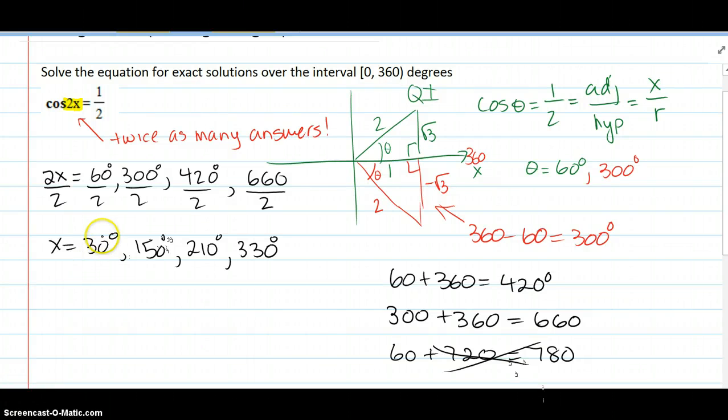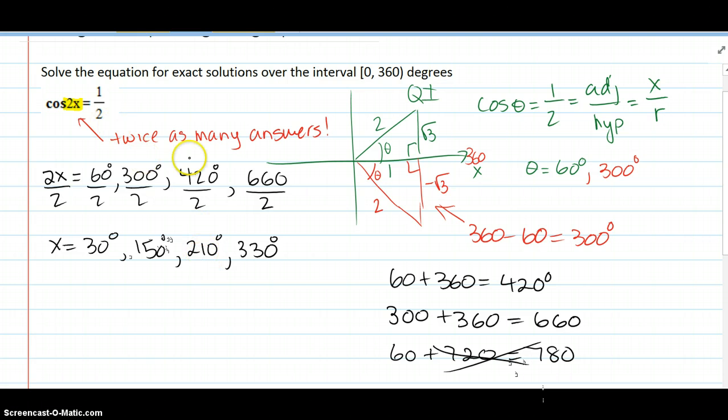By the way, if you check this, it does work, because if you plug in 30 degrees here, cosine of 30 times 2 is 60, and we saw over here that cosine of 60 degrees is 1/2. And similarly for this one, 150 would be 300. And the reason this one works is because it is less than 360.